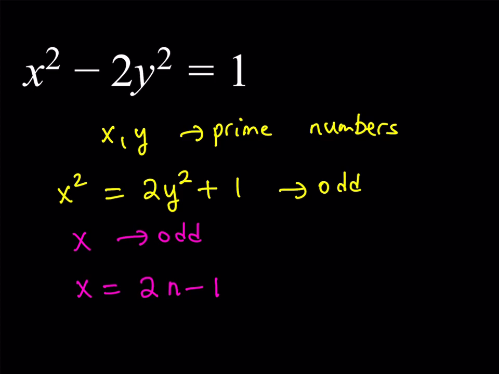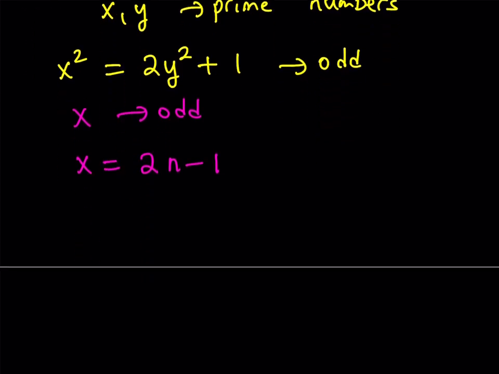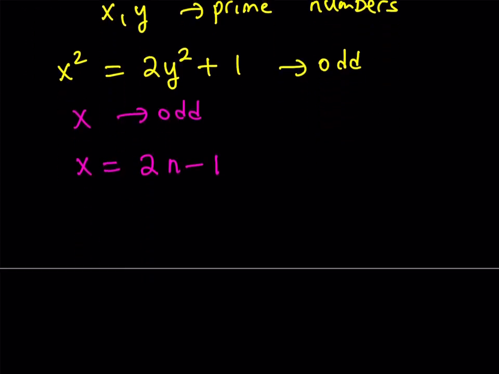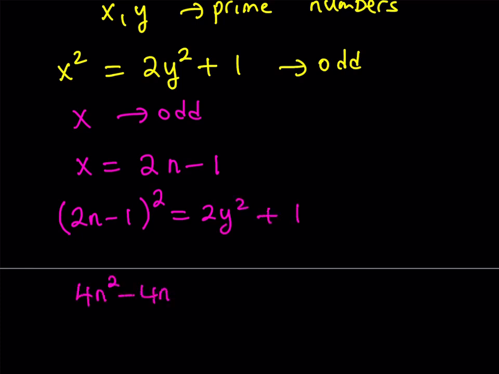But anyways, we can just write x as 2n minus 1. Okay, now, having said that, we can go ahead and replace x with 2n minus 1 on the left-hand side, and square that. You're going to get 4n squared minus 4n plus 1 is equal to 2y squared plus 1.